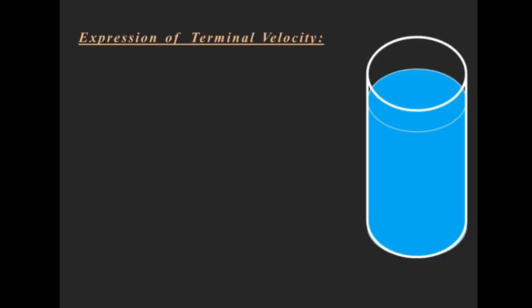Let's consider this container containing a column of liquid. Let's consider a spherical object falling down through this liquid column with terminal velocity Vt.